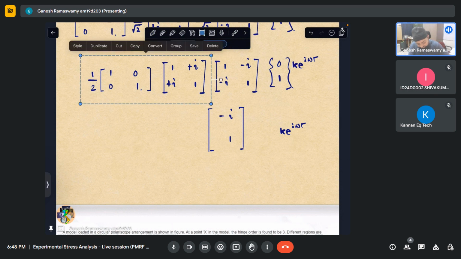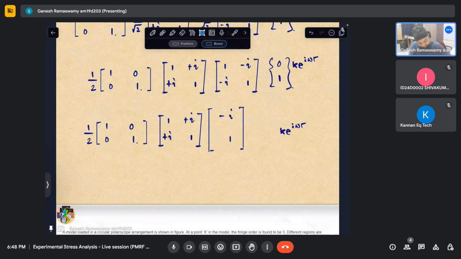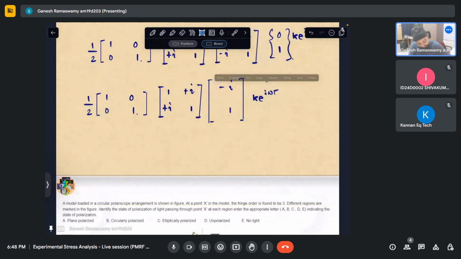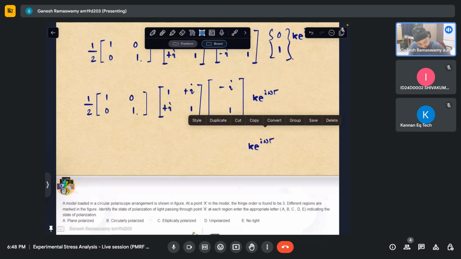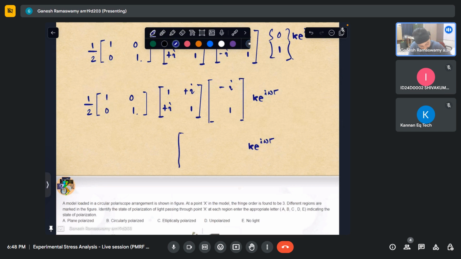This will be minus i and this will be 1 into this quantity. Now let us multiply these two. Sorry, this will be just as it is. So this is minus i plus i, and this will be minus i squared plus 1 is what we are getting from this multiplication.